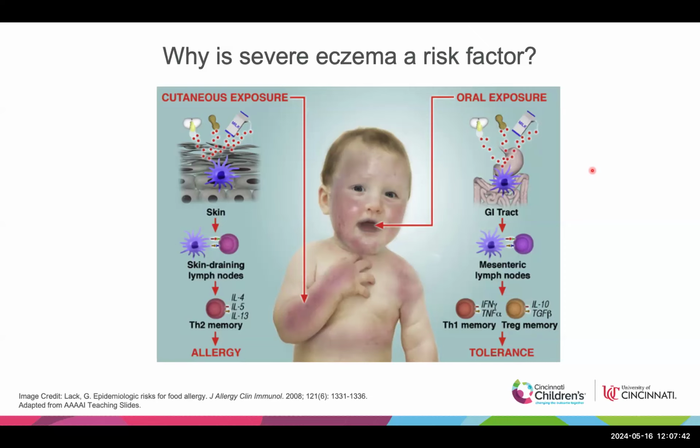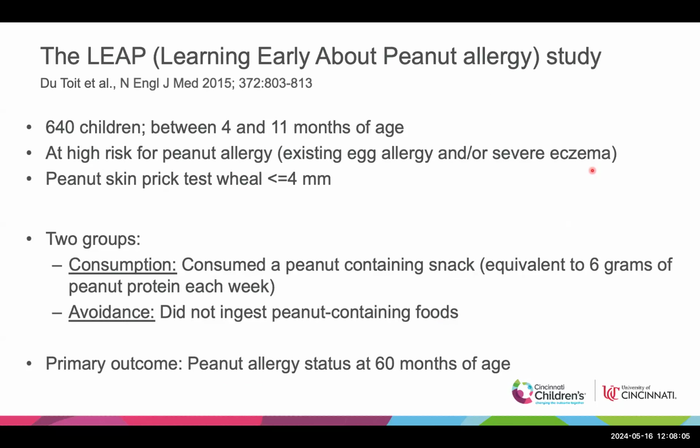The idea is that skin exposure to a food increases the odds of developing sensitization or food allergy, whereas oral exposure to a food decreases the odds of developing a food allergy, so increases the odds of actually having tolerance. One question is, of course, the timing and balance between these exposures, and this is where LEAP was one of the landmark studies to show that early dietary introduction is important to prevent the development of peanut allergy.